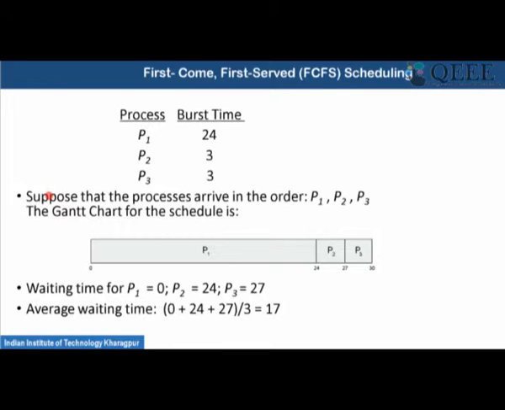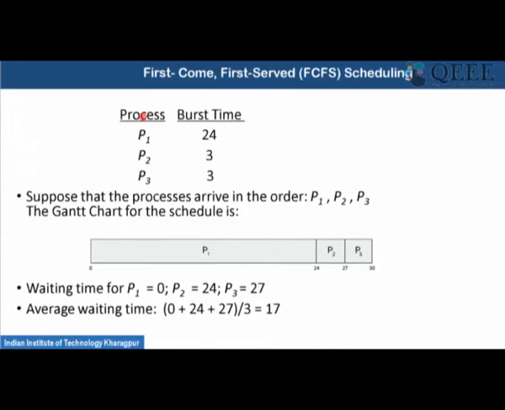The basic idea behind FCFS scheduling is that the process which comes first, you first take that process and allocate the CPU resource for that particular process. In FCFS scheduling, as usual, it is a kind of non-preemptive scheduling because we are not preempting a process. Once a process is allocated, it completes its CPU burst and then leaves the scheduler.